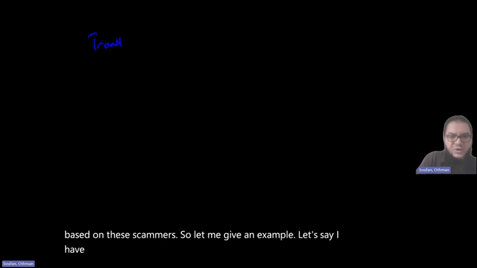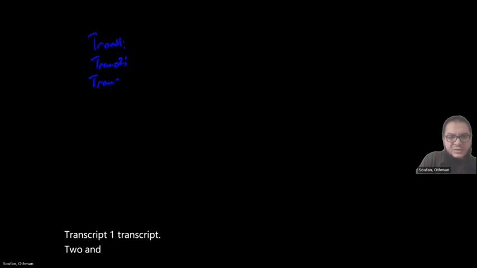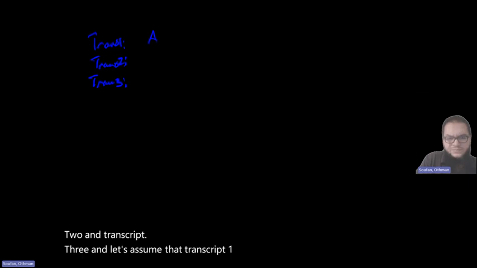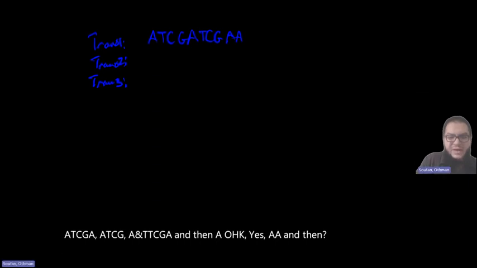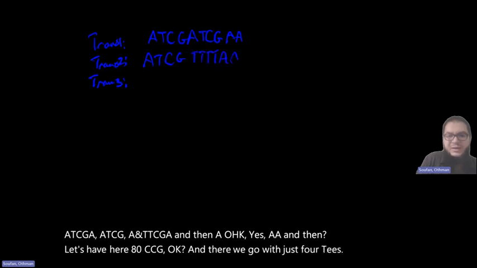So let me give an example. Let's say I have transcript 1, transcript 2, and transcript 3. And let's assume that transcript 1 is made of ATCGA, ATCGA, and TTCGA, and then AA, and then let's have here ATCG, okay, and then we can put just 4 T's, and then A and A, very nice.